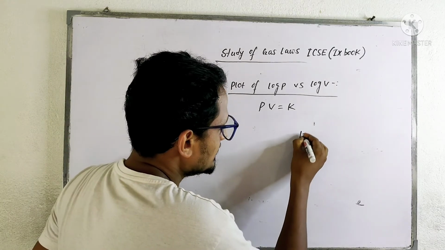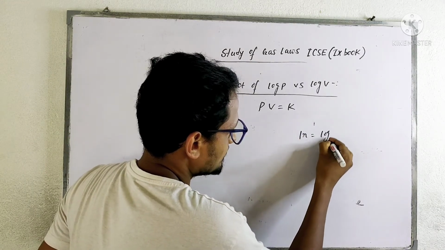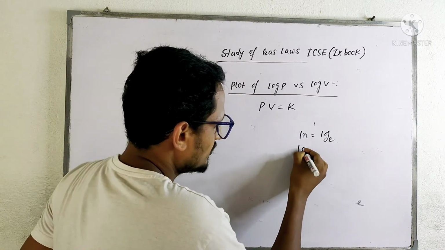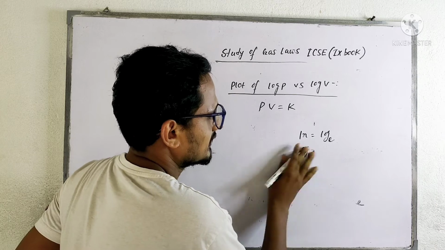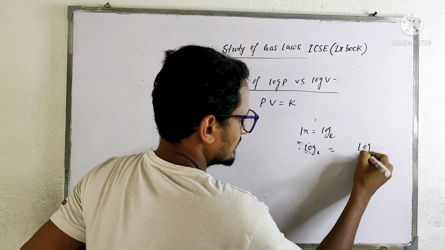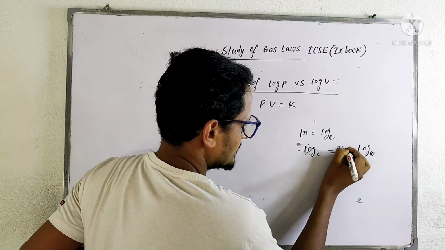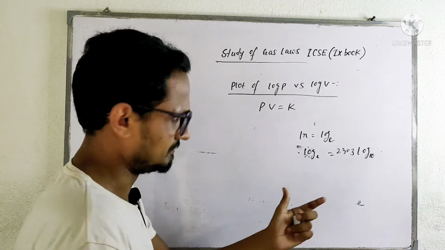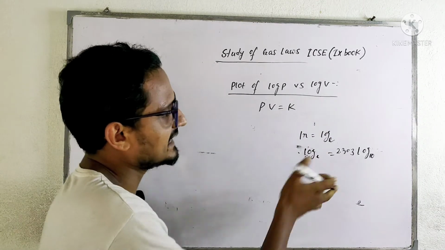Now ln means log to the base e. We can convert log to the base e to log to the base 10 by multiplying by 2.303.